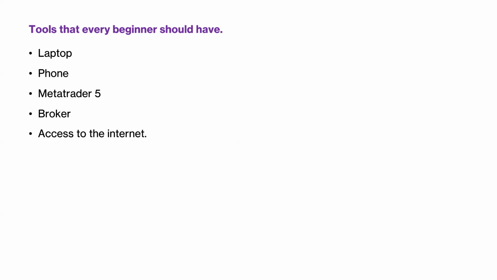This brokerage account is like the link between us and the financial market, the main market itself, because as retail traders, we don't actually have access to the main market. So this broker forms a link between us and the main market. We give them money, we execute our trade, they help us execute it for us. That is what they do.